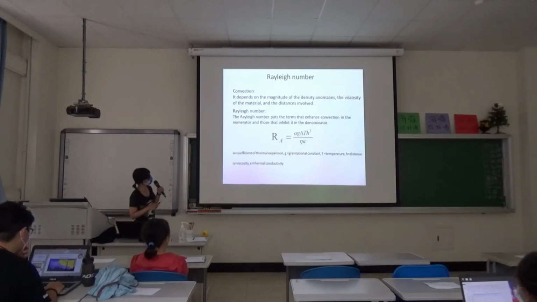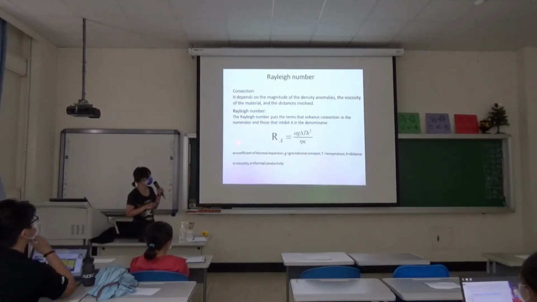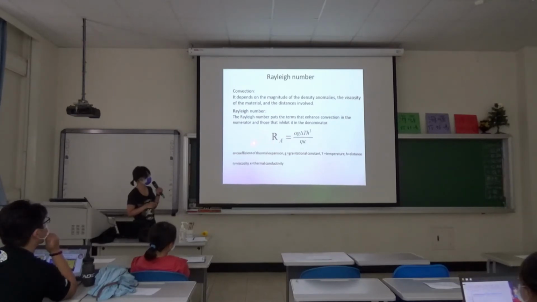Convection depends on the magnitude of the density and normalized viscosity of the material and the distance involved. The Rayleigh number has the terms that enhance convection in the numerator and the terms that resist it in the denominator.